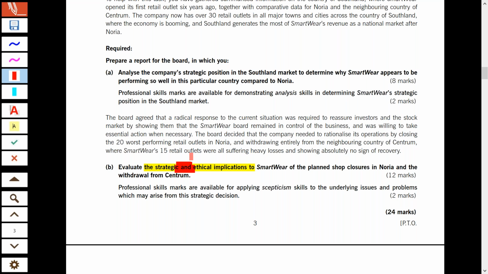You see, very quietly, very smartly, the examiner has asked you 2 questions. Evaluate the strategic and ethical implications. So you need to talk about strategic implications followed by ethical implications. This is where the examiner says, remember the most common comment that he says, that the students do not address all the requirements. So this is strategic and ethical implications. Evaluate strategic and ethical implications. 12 plus 2.